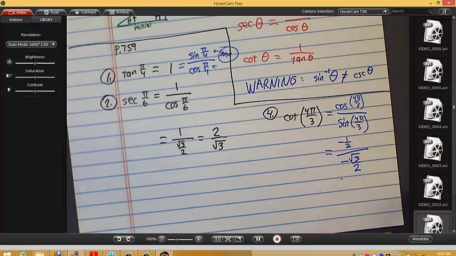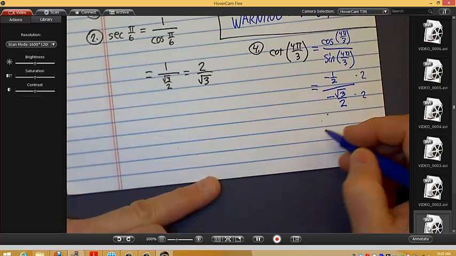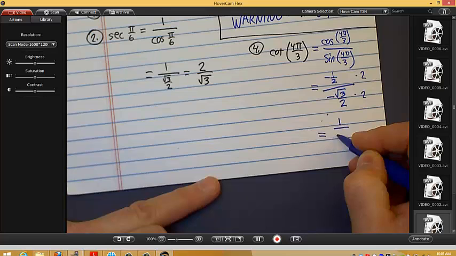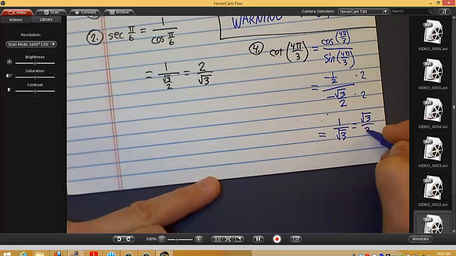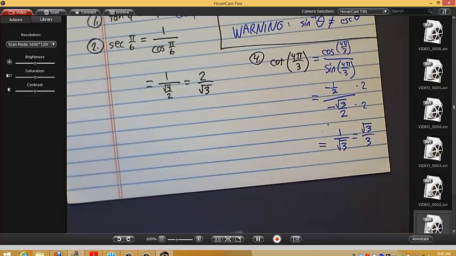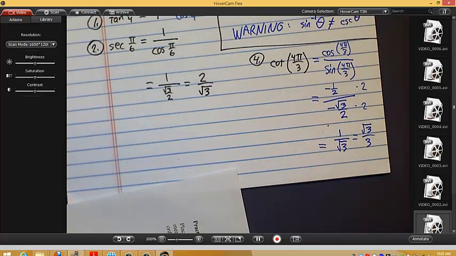And so now you know it's going to be positive. You could multiply top and bottom by 2, and what you get is positive 1 over the square root of 3, which is the square root of 3 over 3 as well. So that's how I would finish off number 4.